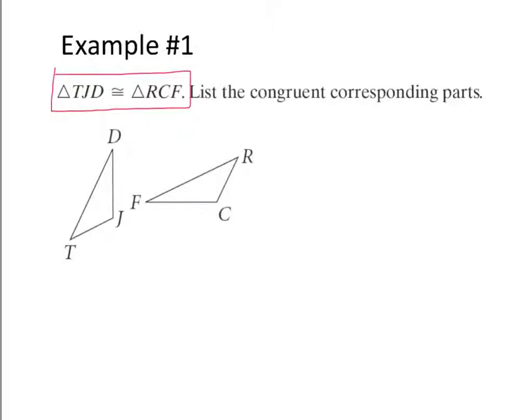So what I tell students to do is not necessarily look at the figure, but actually just use the statement above. In that statement, if you look at the angles, I'm going to list the three corresponding angles in one triangle that are congruent to the three corresponding angles of the other triangle. I'm actually going to start with the first one.